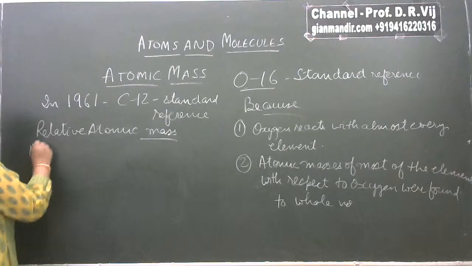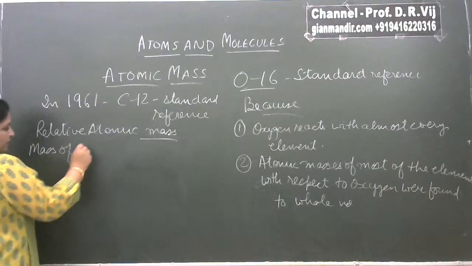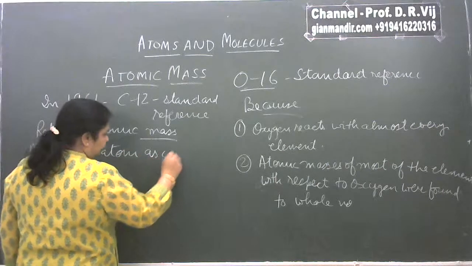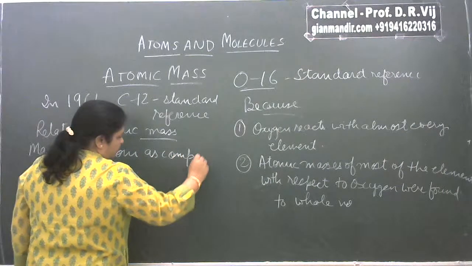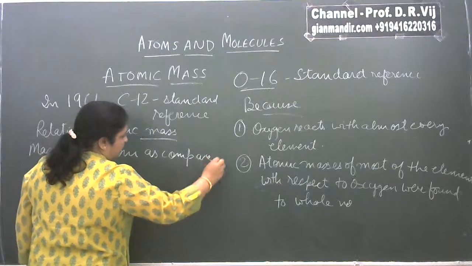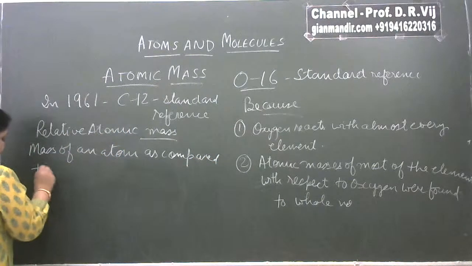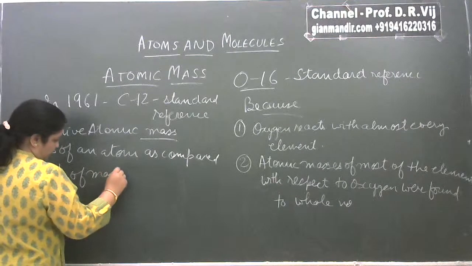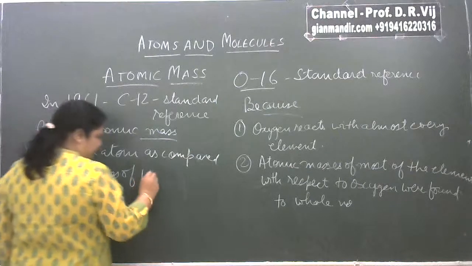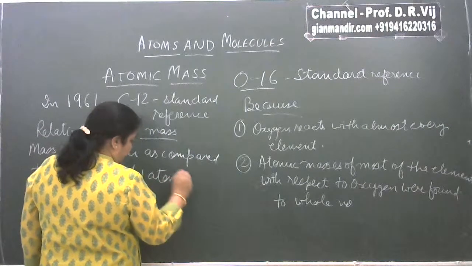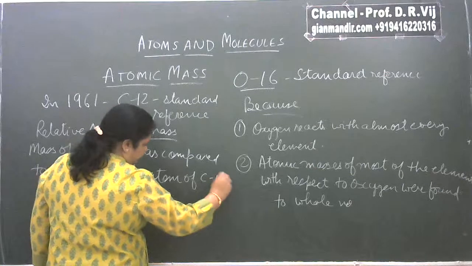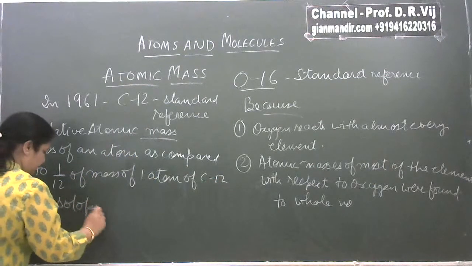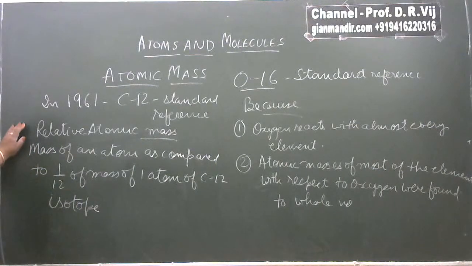It is defined as the mass of an atom as compared to 1/12 of mass of one atom of carbon-12 isotope. That is the relative atomic mass.